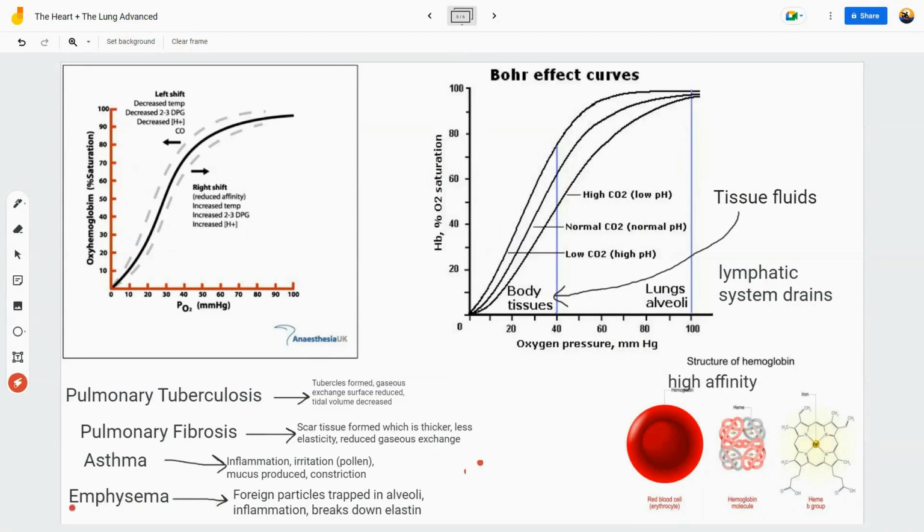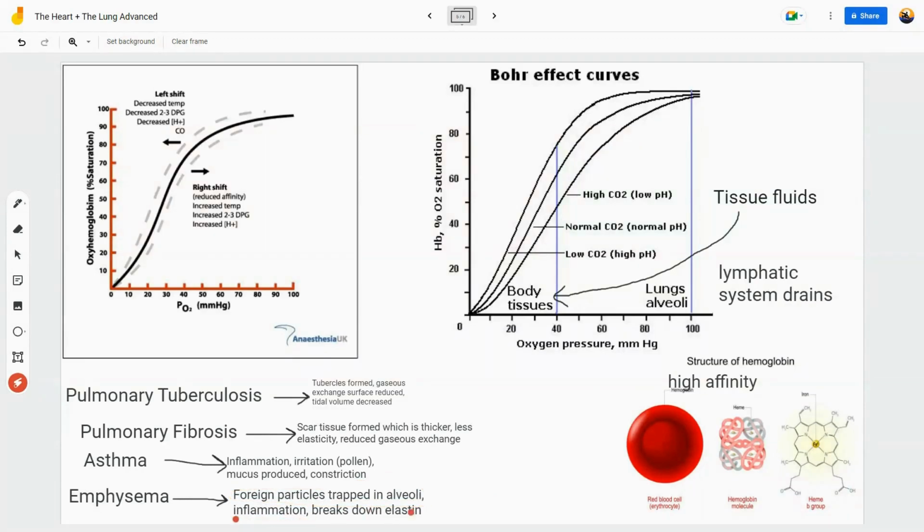Emphysema. It is caused by smoking or long-term exposure to air pollution. Foreign particles in the smoke or in the air become trapped in the alveoli. This causes inflammation, which attracts phagocytes to the area.